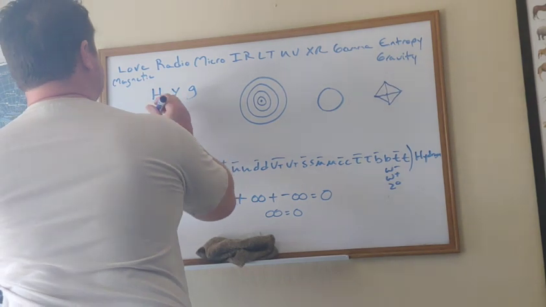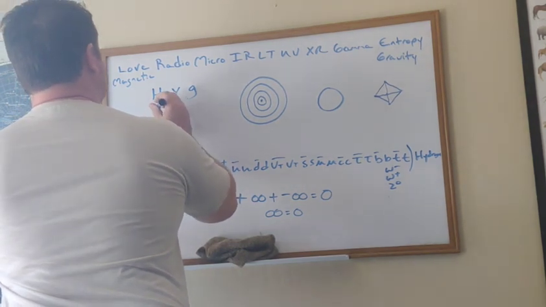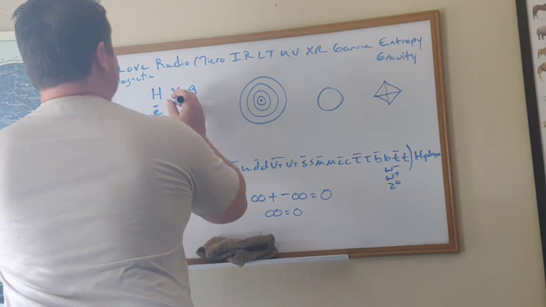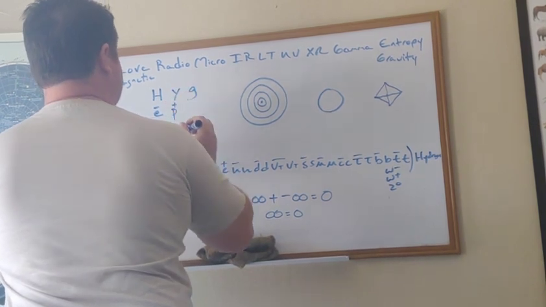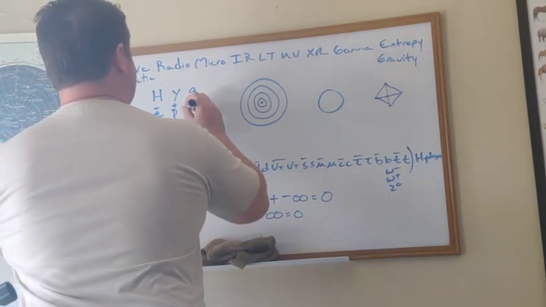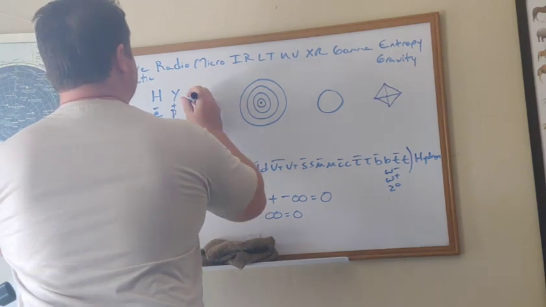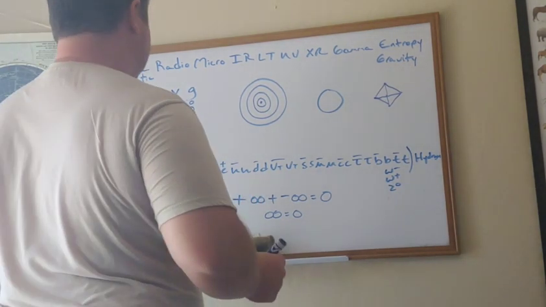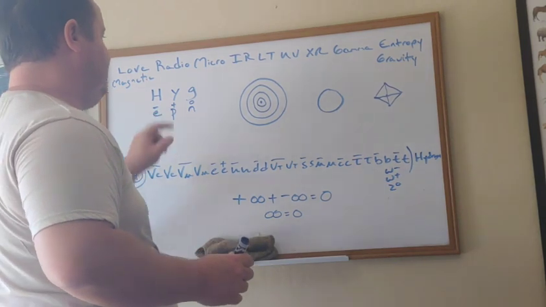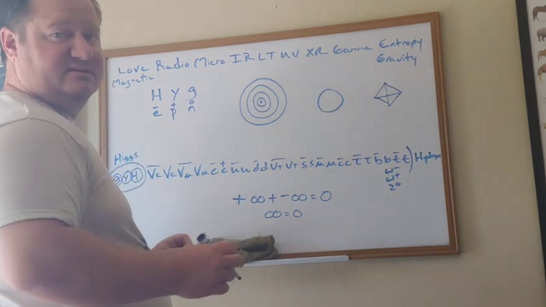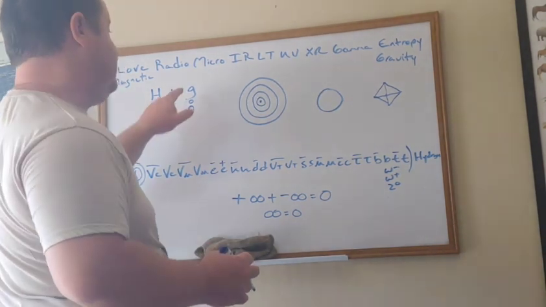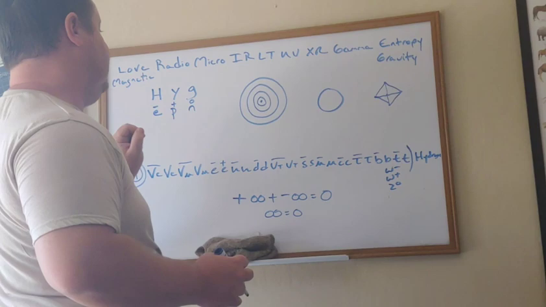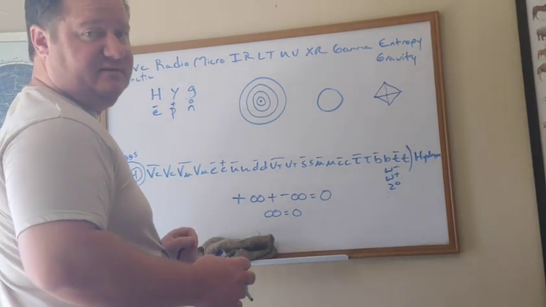So Higgs bosons are the same thing as electrons. Photons are the same thing as protons. And gluons are the same thing as neutrons, okay? Electrons negatively charged, protons positively charged, and neutrons at a charge of 0, okay? Which is the same thing as gluons are, same thing as photons are, same thing Higgs bosons are, okay?